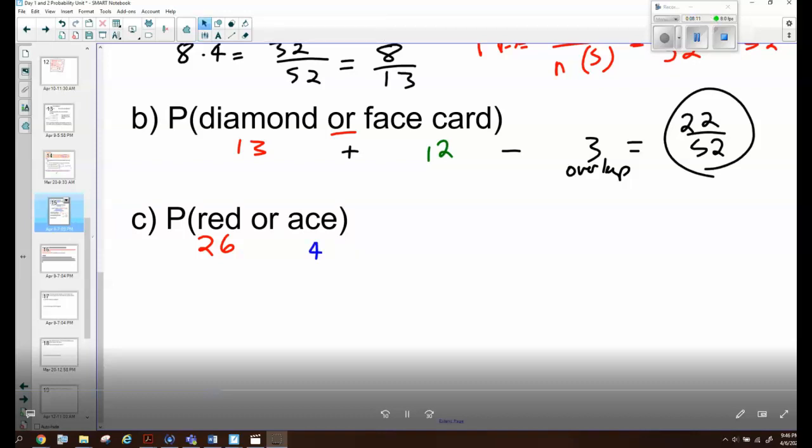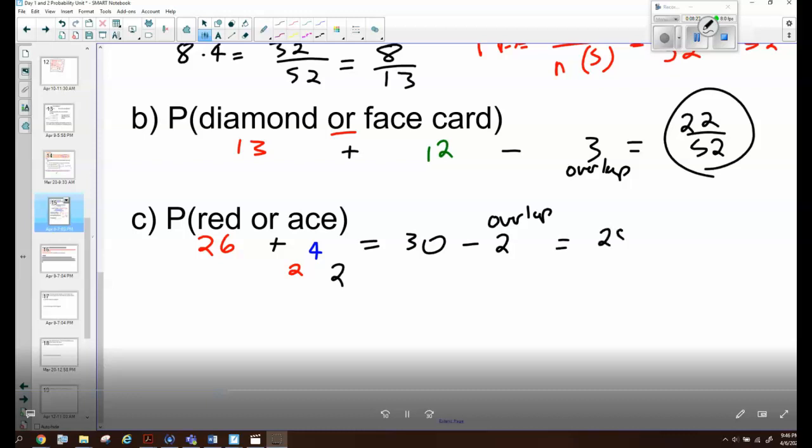You see, 2 of the aces are black, and 2 of the aces are red. So it sounds like 26 plus 4 should work, but we have to subtract our 2 overlapped, 2 double counted. So really it's 28 out of 52. Be aware of that. Be able to think that through in more complicated problems, maybe ones that don't use decks of cards.